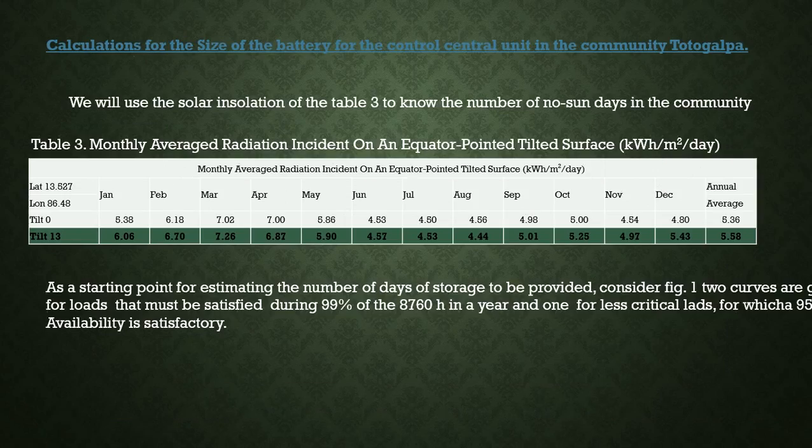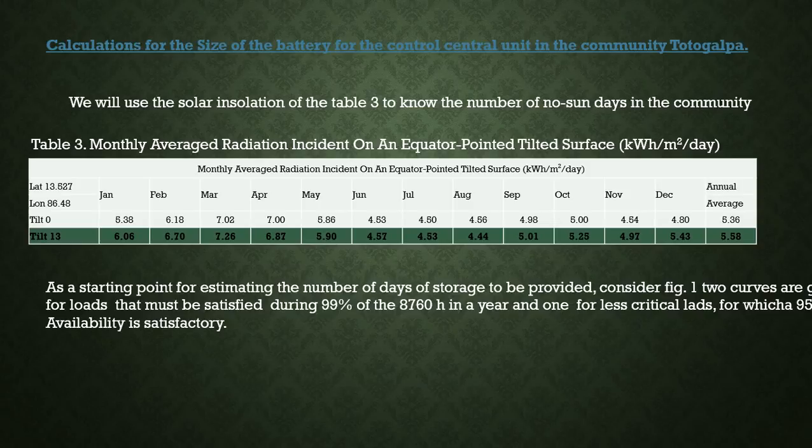Now we need to know the size of the battery for the control central unit in the community of Totogalpa. We will use the solar insolation of table 3 to know the number of no-sun days in the community. As a starting point for estimating the number of days of storage to be provided, consider figure 1.